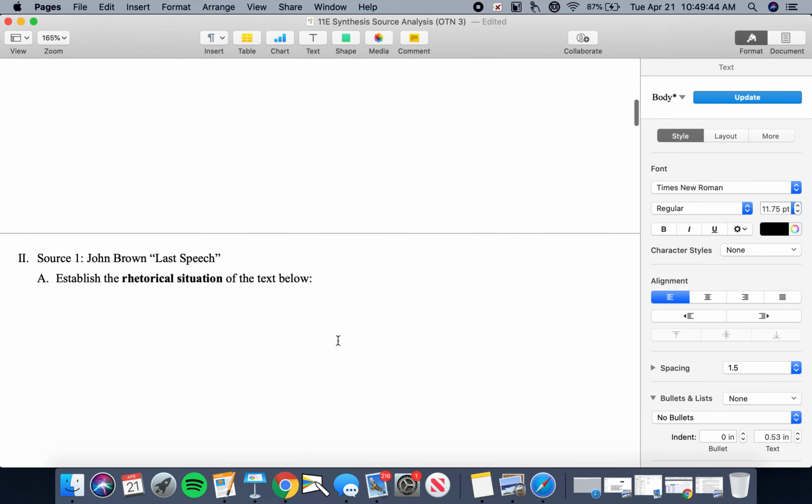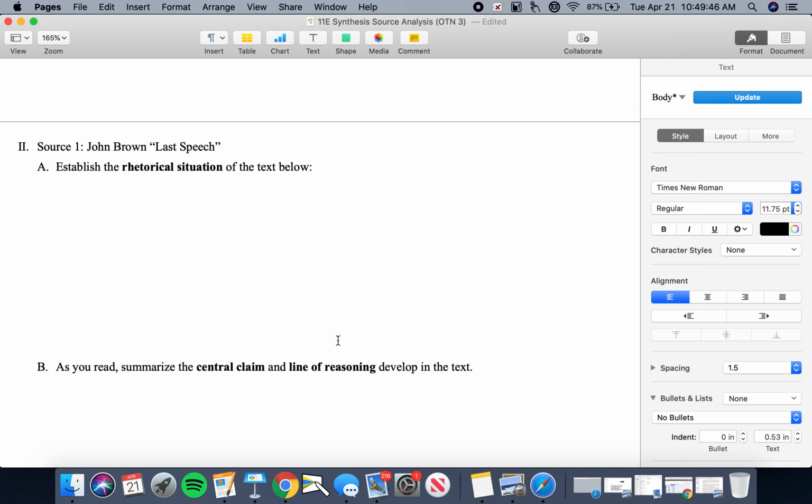All right. So the first two sources you're going to look at, first is John Brown's last speech. It was given about a month before he was executed. It was his last public opportunity to speak publicly. It was published. It's obviously part of America's historical record.